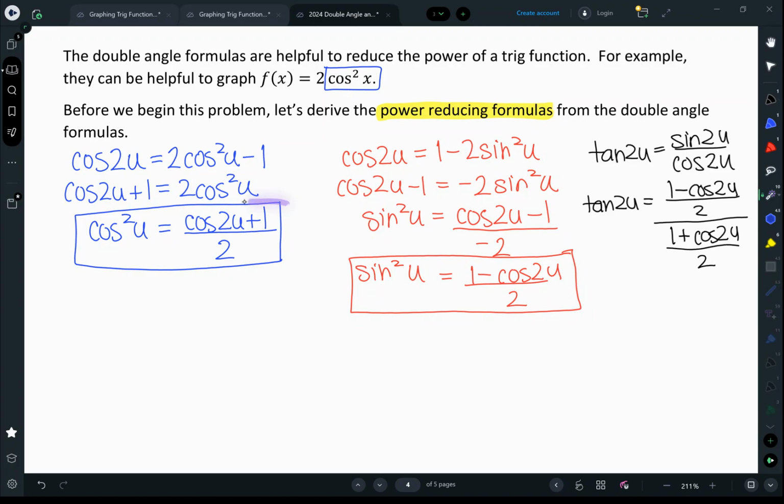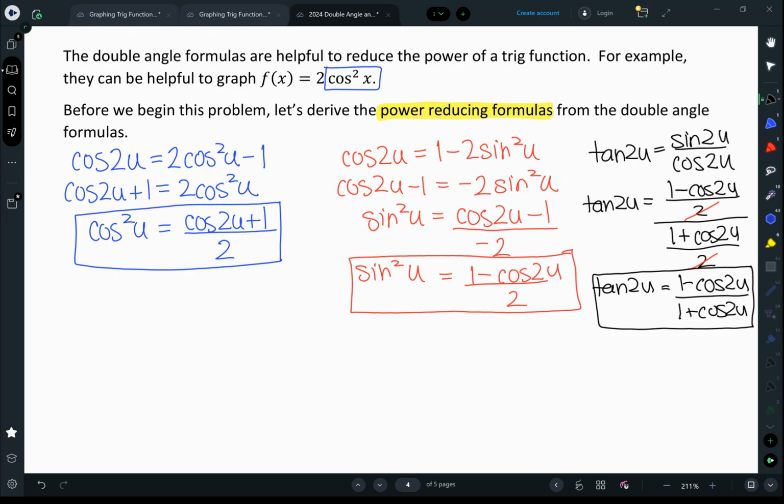Because cosine of 2u plus 1 is the same as 1 plus cosine 2u. And then I can cancel out my 2's, and then I can see that the tangent of 2u is equal to 1 minus the cosine of 2u, all divided by 1 plus the cosine of 2u.